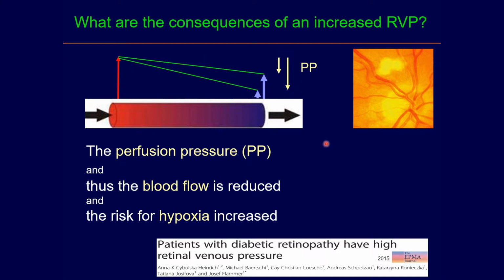Now, if retinal venous pressure increases, perfusion pressure decreases, and the pressure gradient gets flatter. If there is no sufficient counterregulation, blood flow decreases and the risk of hypoxia increases.